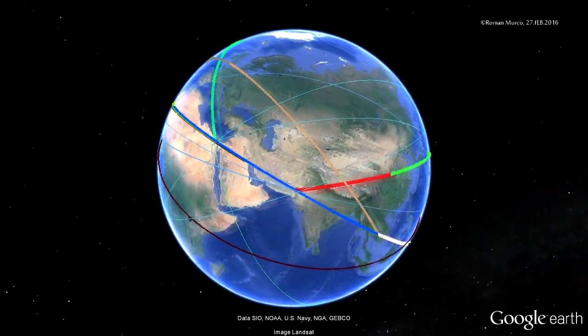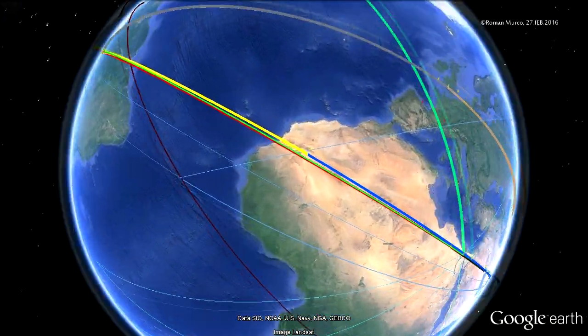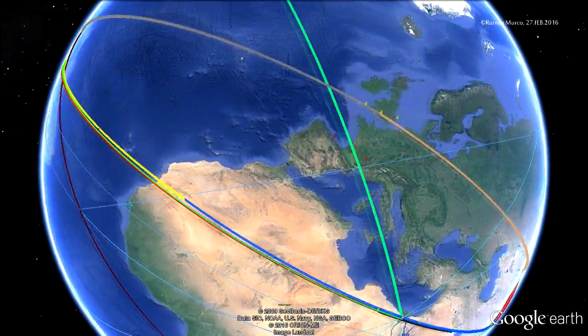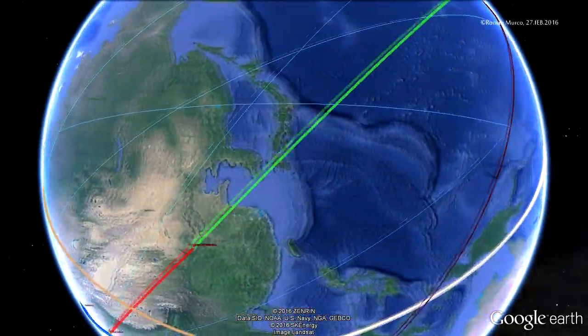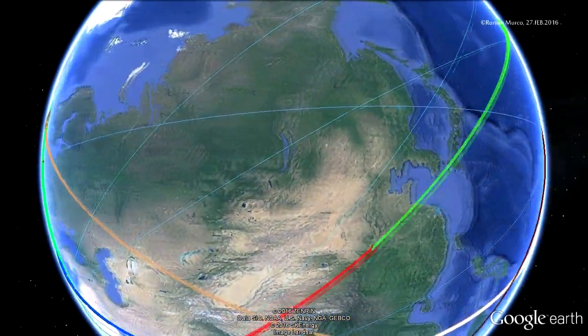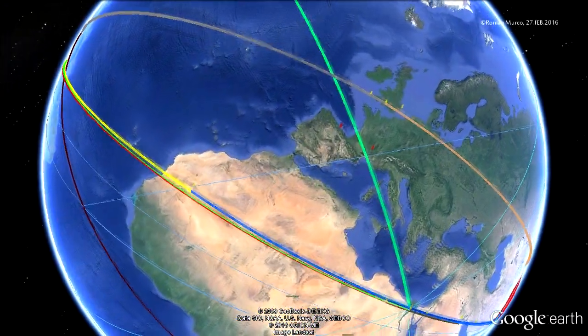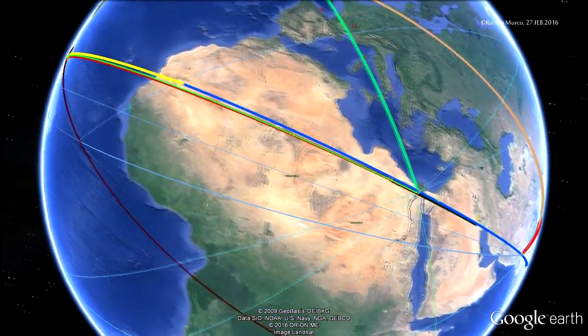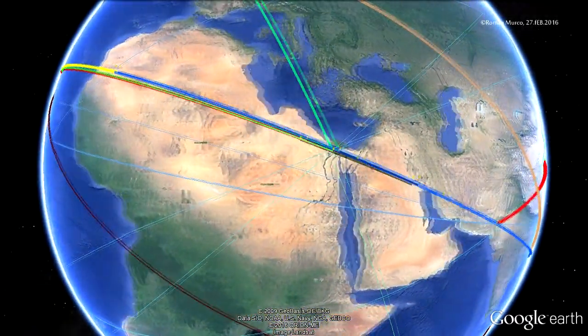You can see these triangles, for example this smaller energy line passing through the Eye of Sahara, and it is also from the crossroad of another line. So these lines are crossing each other and still keeping their proportions.